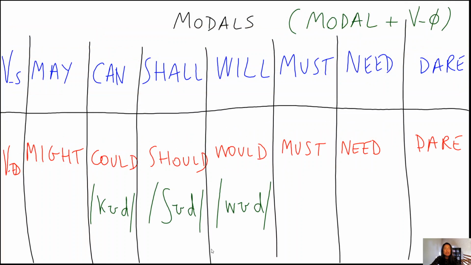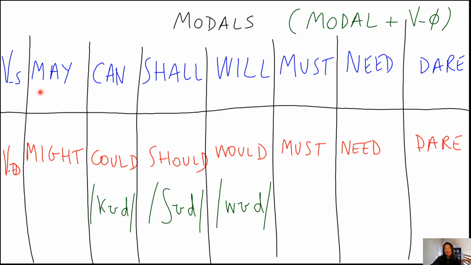So modals are operators that are used by speakers in order to express their personal opinion. The formula, you remember, is modal plus V0. That is key for you to make sure you have used a verb base, an infinitive, right after the modal, and modals can be used either in the present tense or in the past tense.